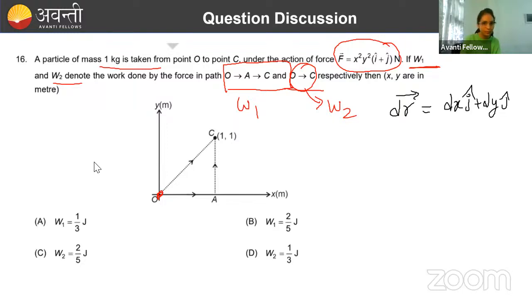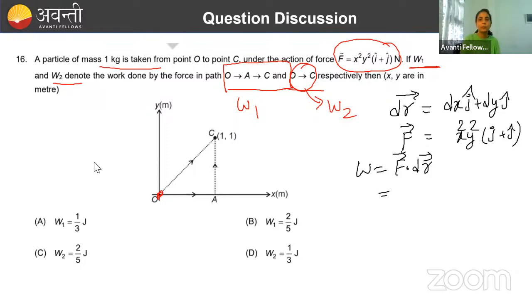So this is the displacement happening. Force acting is how much? This is equal to x square y square i cap plus j cap. Done. What used to be the work done? Work done क्या होता है हमारा? Work done used to be our F dot dr. So simple steps से जाओ, whatever formula you know, just do it.